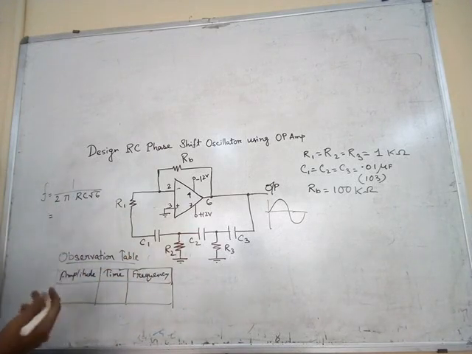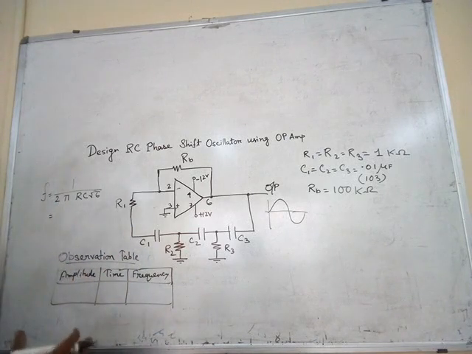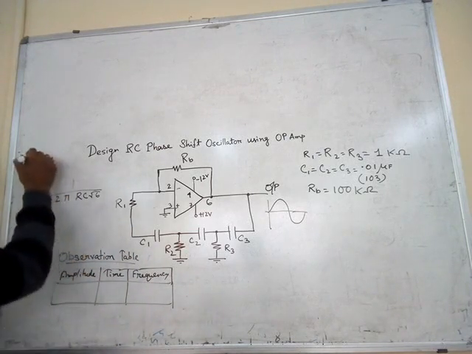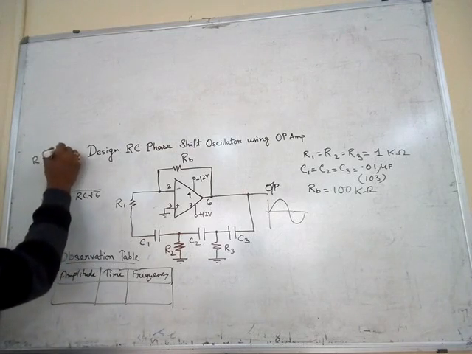As I measured R by the multimeter, I get the value of R, that is 0.98 kilo ohm.